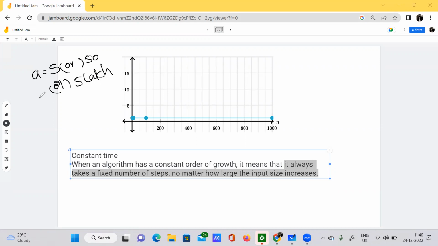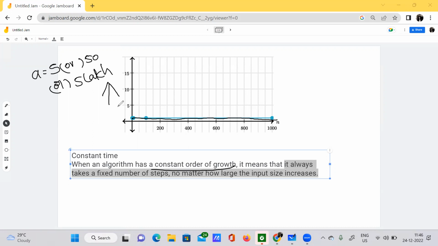Still, if our algorithm has a constant order of growth, it will be represented by a constant line, right? That means no matter whatever the size of the input, it will still stay constant over the entire input size, right?